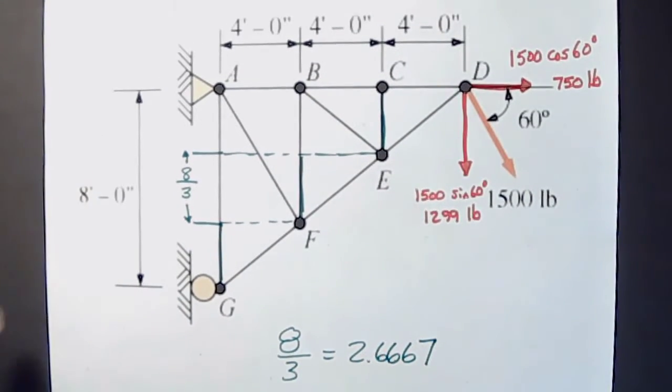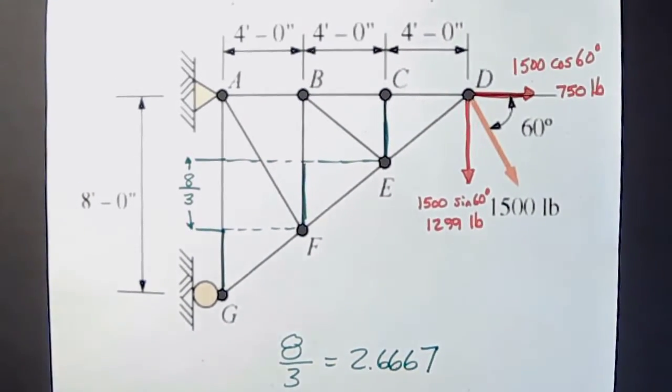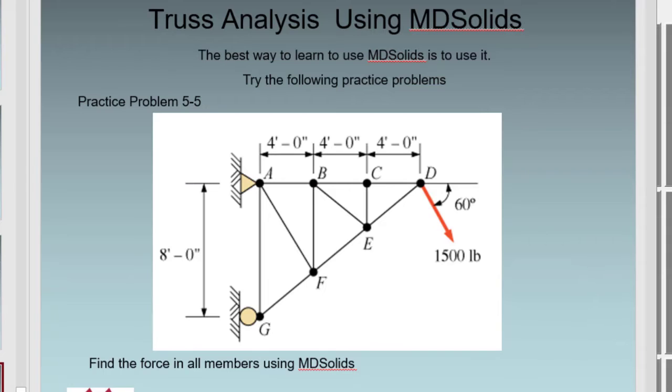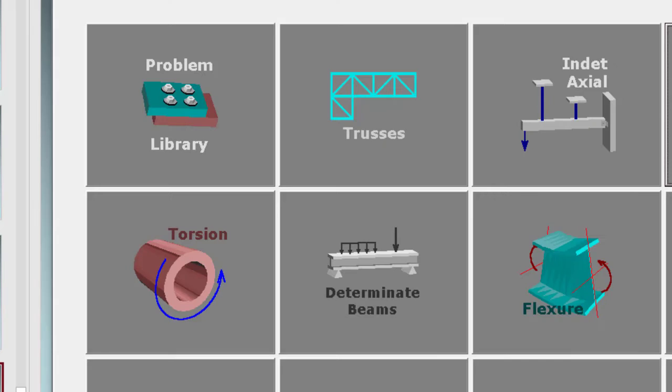That's the number we'll enter for our y dimension. And there will be 3 spaces in each direction. Now we're ready to go to MD Solids. Sometimes you have to do a little bit of pre-processing before you start working with the computer. Now we can go to MD Solids.